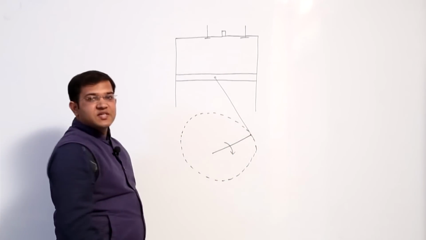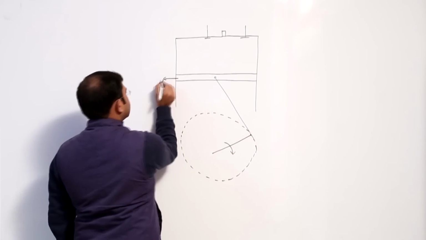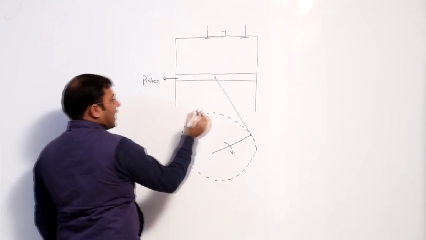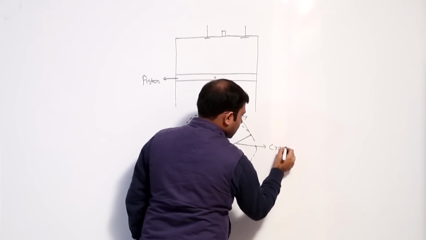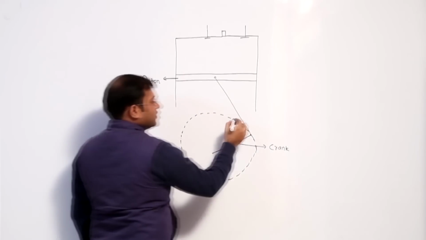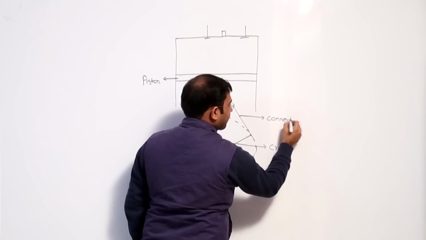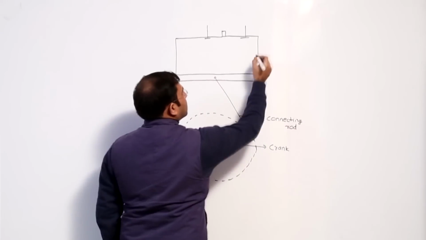See, this is a piston cylinder arrangement, and this is the piston, and this is the crank, and the crank is connected to the piston with the help of a connecting rod. Fine.